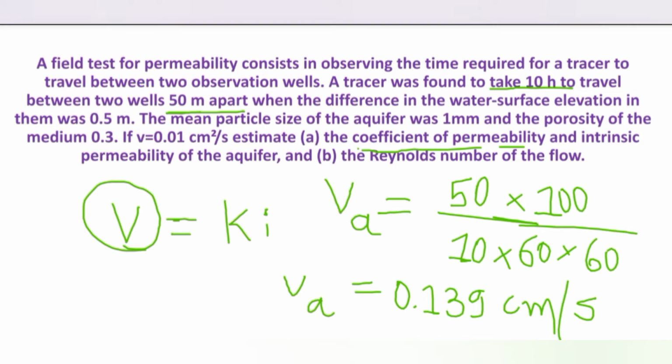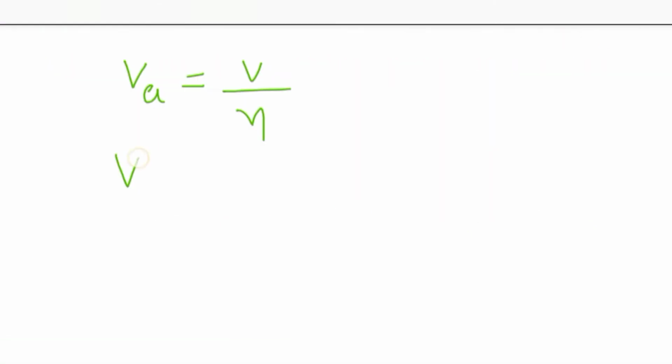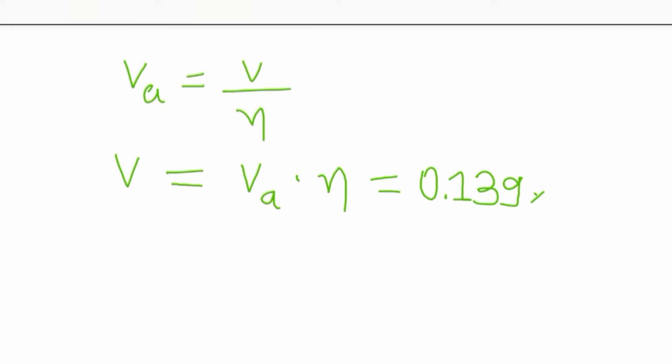Then we also know that the actual velocity is equal to discharge velocity divided by porosity. So the discharge velocity will be equal to actual velocity into porosity, and actual velocity is 0.139 centimeter per second into porosity is 30%.